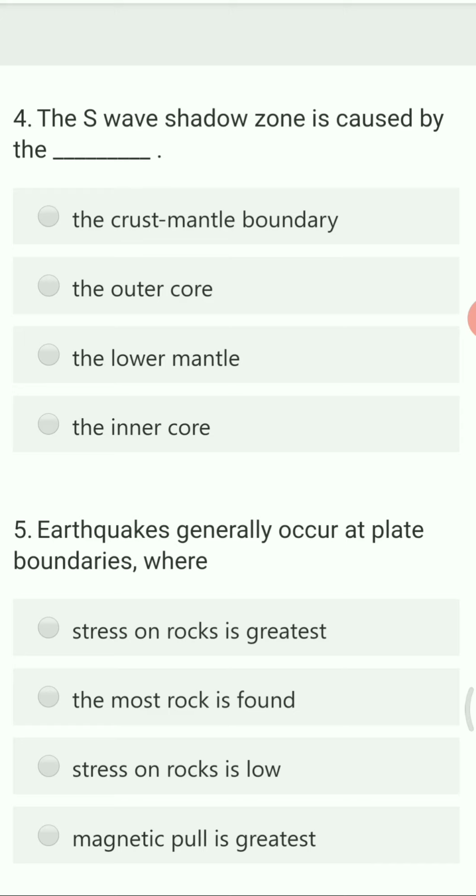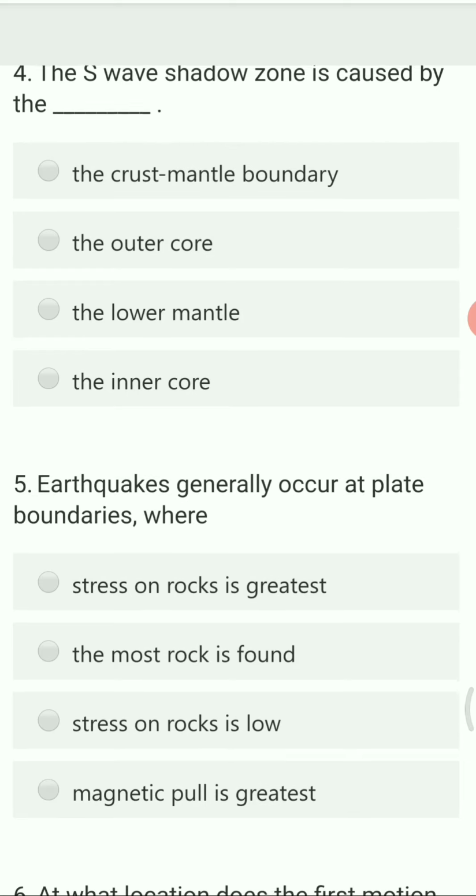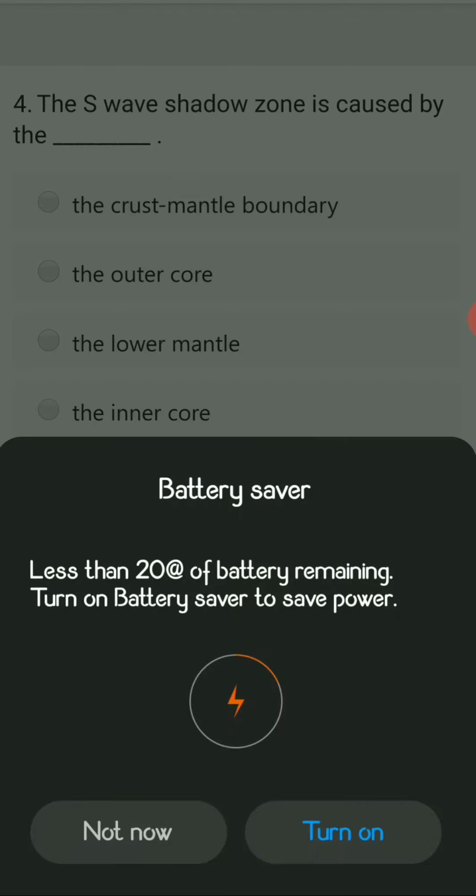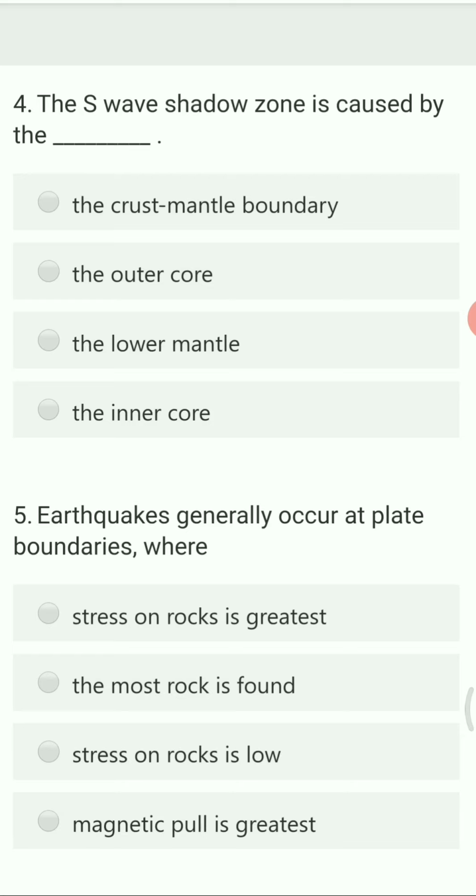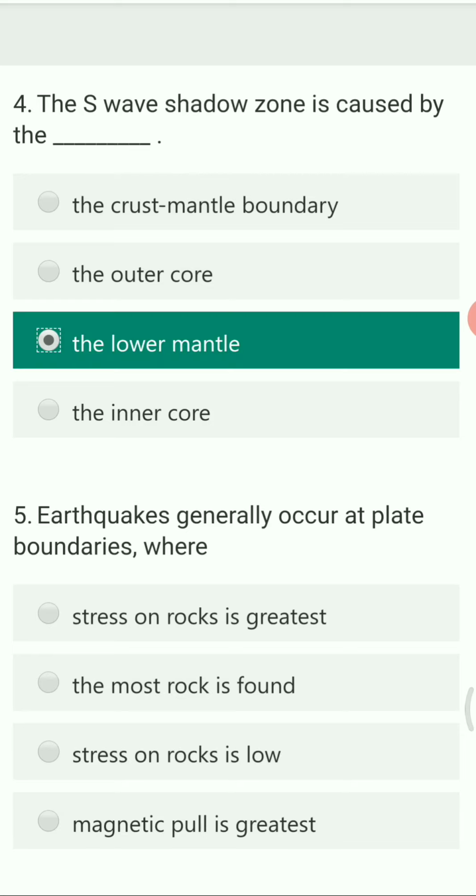The outer core is totally made up of liquid material, hence they cannot penetrate it. So the S waves are basically stopped at the mantle itself. So the right answer is lower mantle.